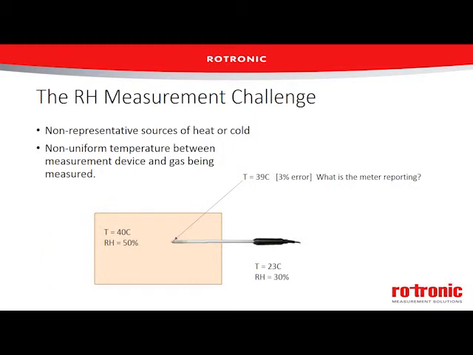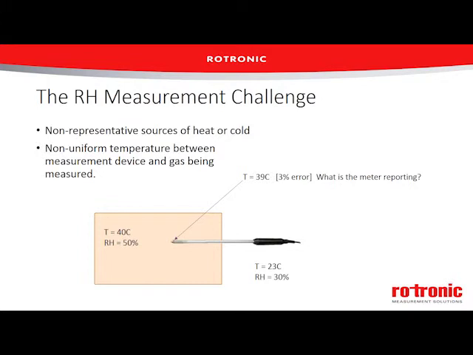This is a great example of a temperature gradient along the probe. What we're seeing in this specific example is that we don't have the probe immersed enough in the chamber, and we're seeing a temperature gradient along the stem of the probe. That's causing the temperature sensor and the humidity sensor to be cooler than what's actually in the chamber.